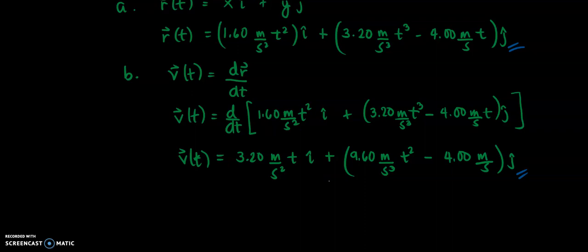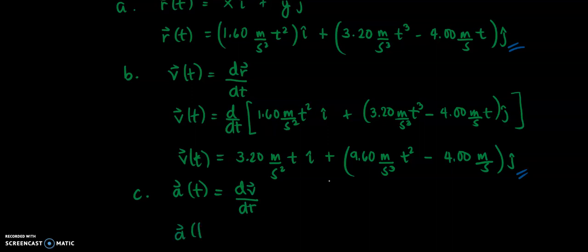And lastly, the acceleration vector. Let us determine the acceleration vector denoted by a of t, and that is the derivative of the velocity vector with respect to time.